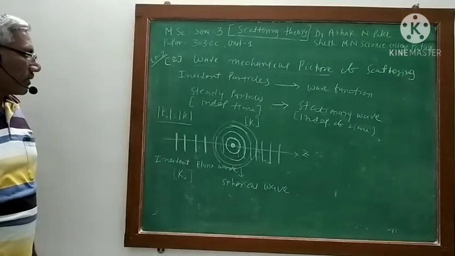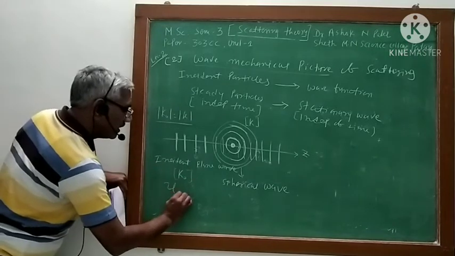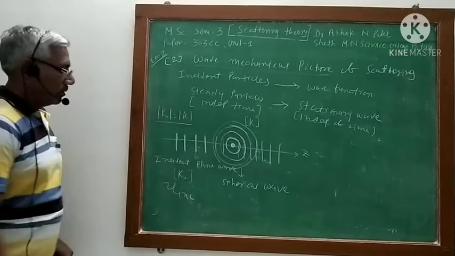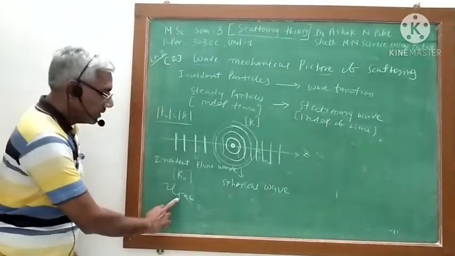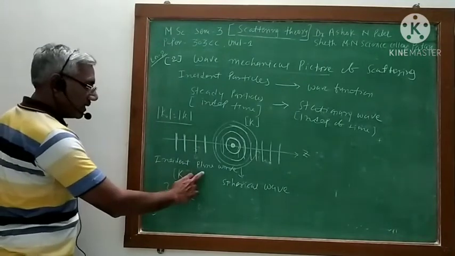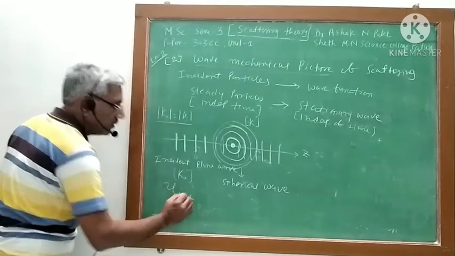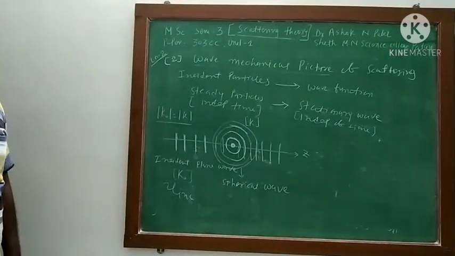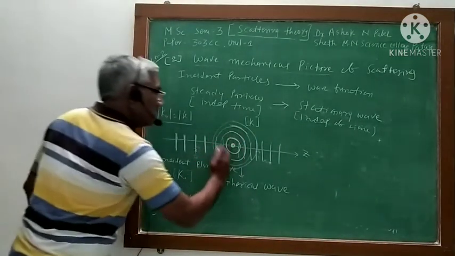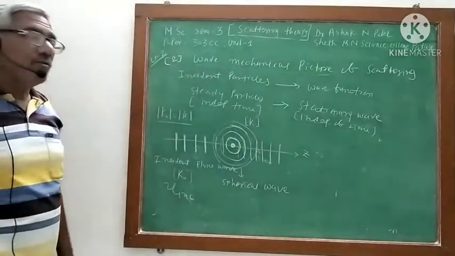Now, if I say the incident plane wave function, I represent it by the wave function u. INC means incident particle. So for the incident particle or incident plane wave, I represent it by the wave function u incident. After the scattering, it is scattered in a spherical wave shape.